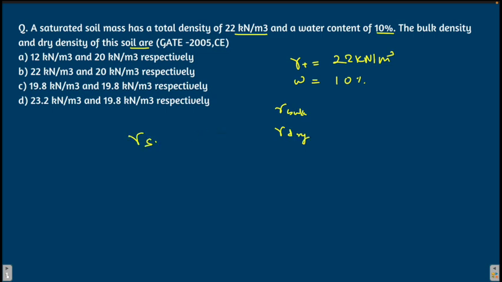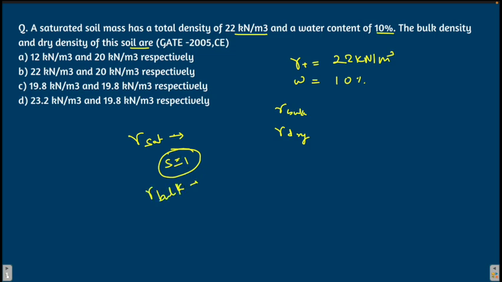Saturated density means the soil is 100% filled with water. Filled with water means all the voids present in the soil are filled with water, completely saturated. Degree of saturation is 1 and it is also known as saturated density. Now what is bulk density?